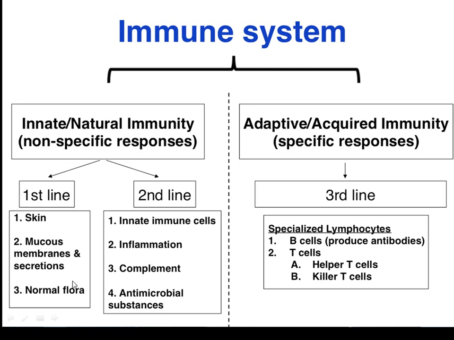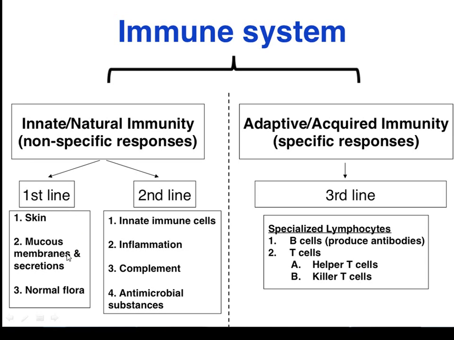Also normal flora, microflora, for example on our skin surfaces and in organs like the stomach, which has a strong acid environment. All of them protect our body. This provides the first line of defense.